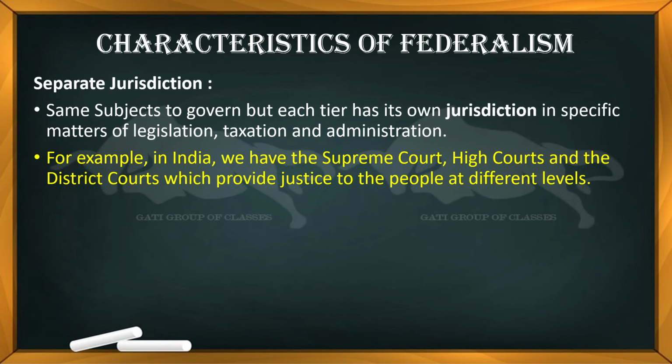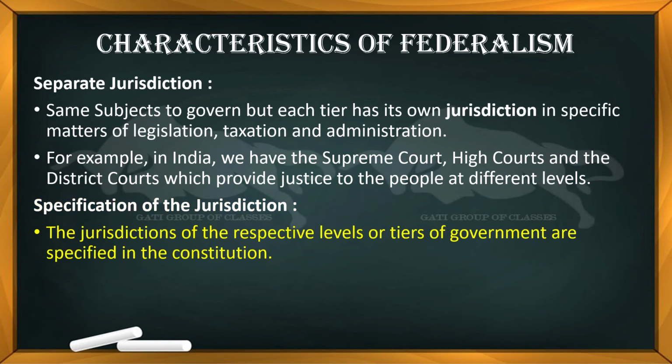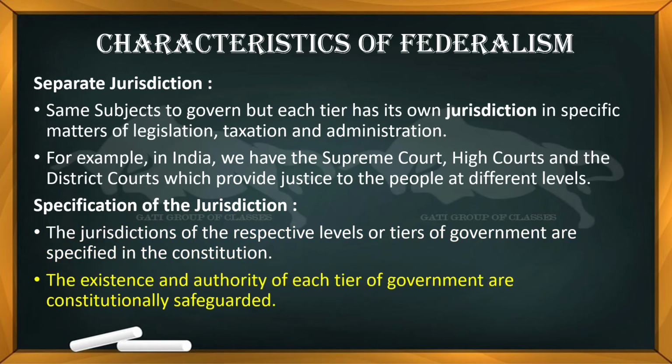The Supreme Court handles the things which are important for the country, the High Court looks after its own state matters, and the district courts look after their own district matters. Specification of the jurisdiction: the jurisdiction of the respective levels or tiers of government is specified in the constitution. The existence and authority of each tier of government are constitutionally safeguarded, meaning whichever powers have been given to them are constitutionally safe, and no one can take those from them.